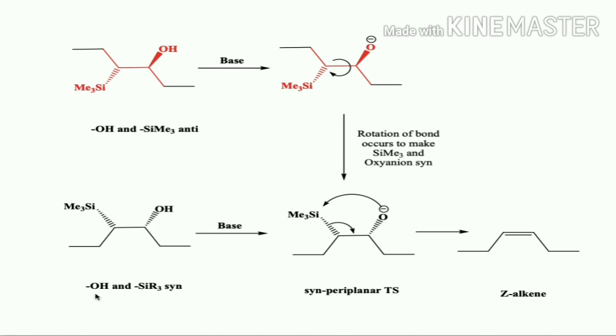If I take the diastereomer where OH group and silyl group are syn to each other and treat with base, it is going to form an oxyanion, and it will form the syn periplanar transition state and undergo stereospecific syn elimination to give Z-alkene.